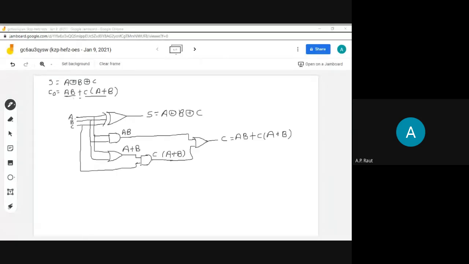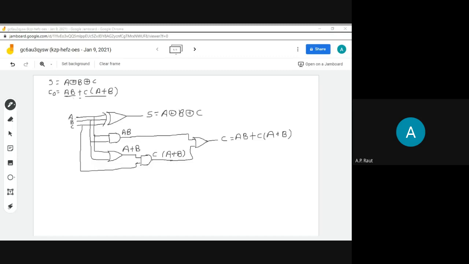It is used in digital diary. Next, second one. It is used in digital computers.